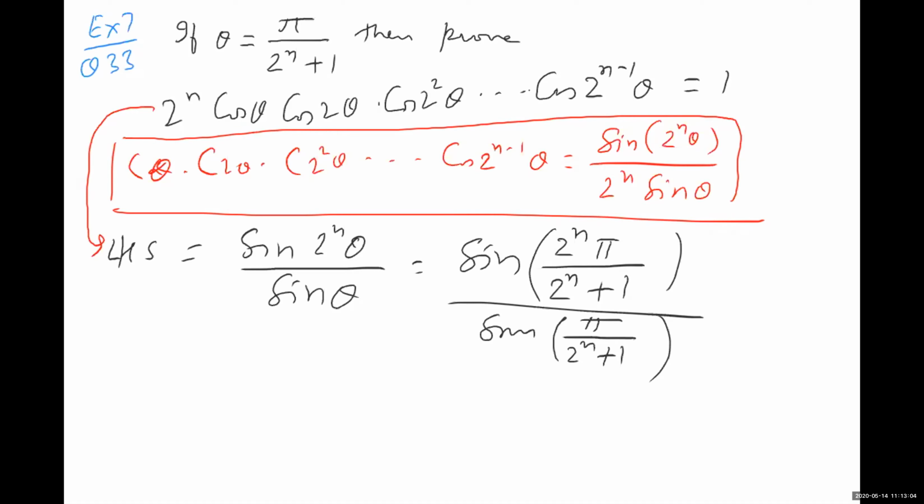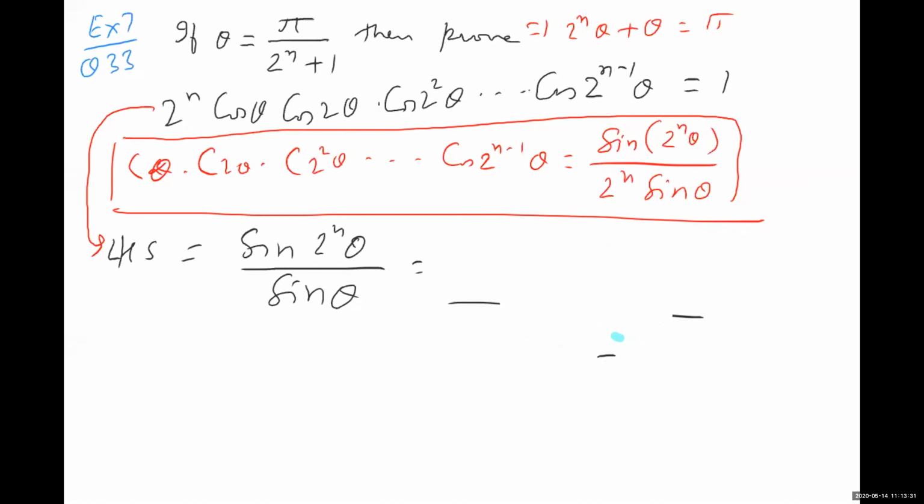But in the bottom actually we have to write that form, theta is there. Yes, that we can do. So another way, as you are saying, so that is why these questions don't have a single method. See, 2 raised to power n theta plus theta is equal to pi. So yes, that will be an easier method, what you have told me.